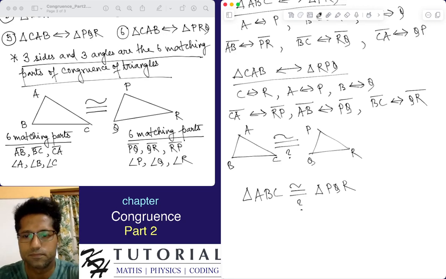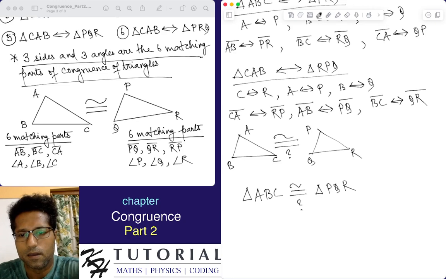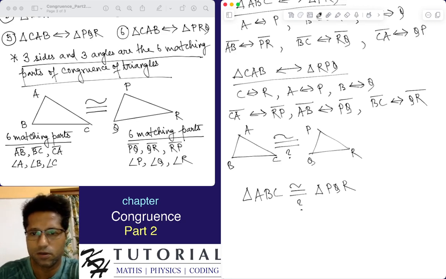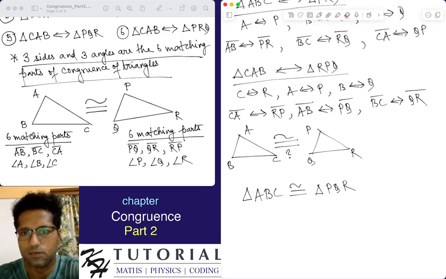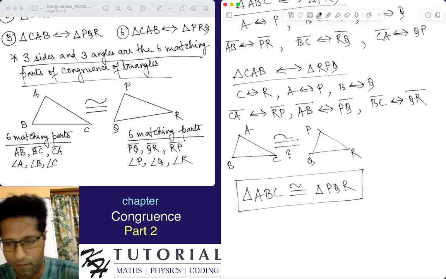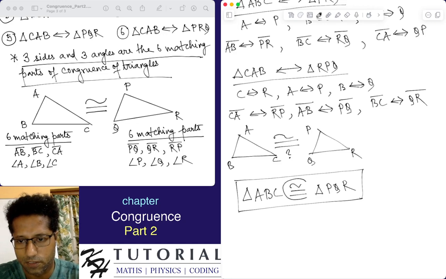If I say this, then I am automatically creating a mapping or correspondence between the triangles, because you know that this mathematical expression, with this symbol in the middle with two parallel lines and a tilde sign above, is the symbol of congruency.